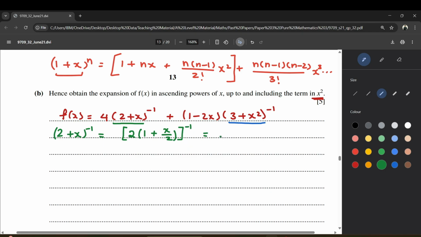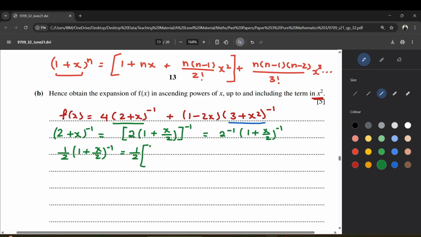Now if I open up the bracket, I get 2 to the power minus 1 times 1 plus x upon 2 to the power minus 1. 2 to the power minus 1 is 1 upon 2 times 1 plus x upon 2 to the power minus 1. Now I can just write 1 upon 2 on the outside, and proceed with the normal expansion.